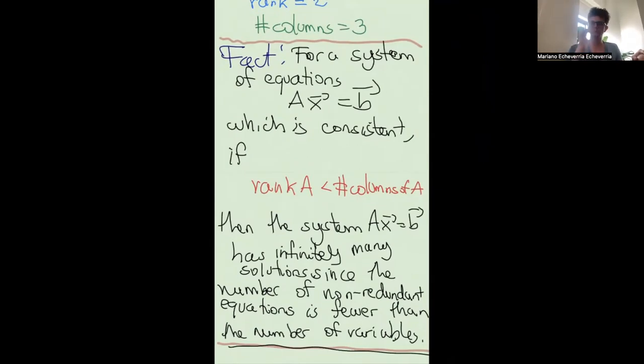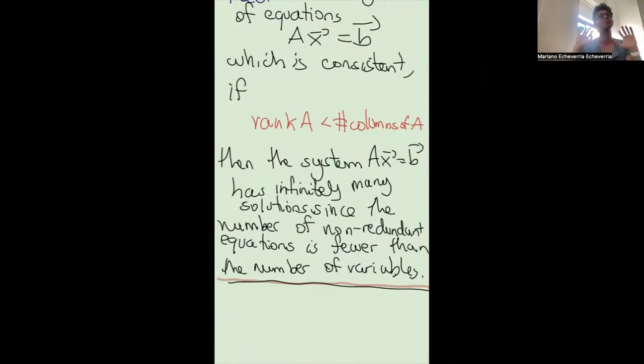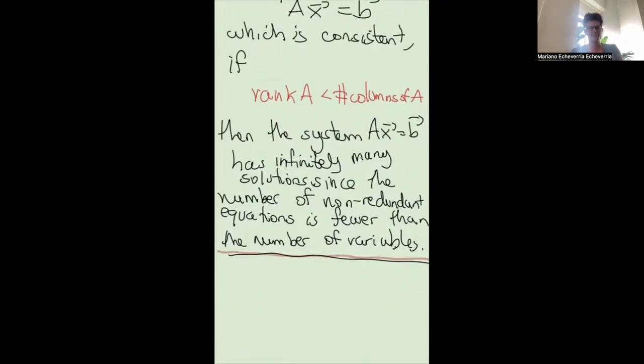Professor, is it possible for the rank to be larger than the number of columns of A? That's a good question. It's not so clear here yet, but that can never happen. You can never have the rank bigger than the number of columns. That's a great question, and I should make it a remark. We'll explain later why that's true.